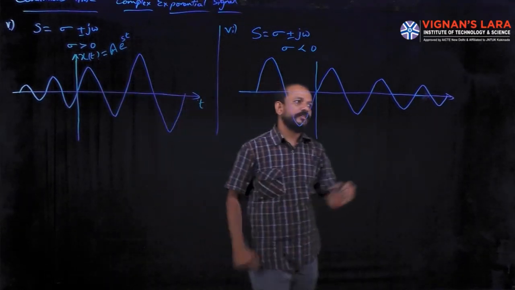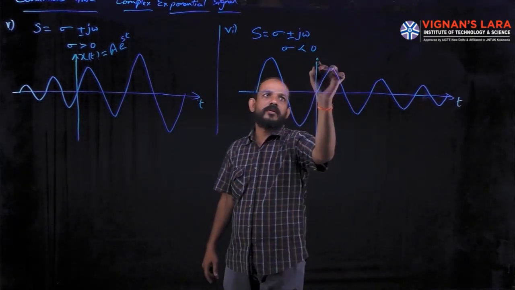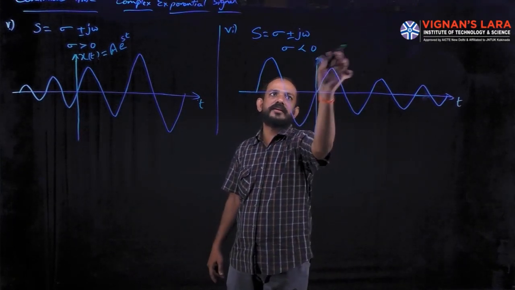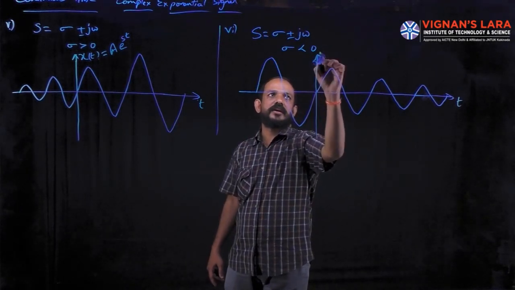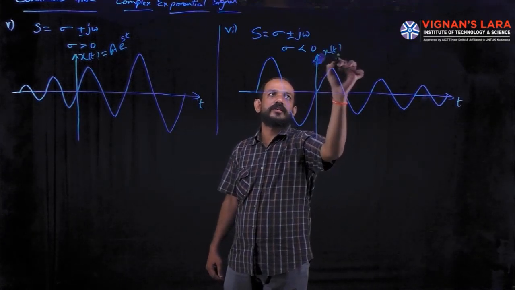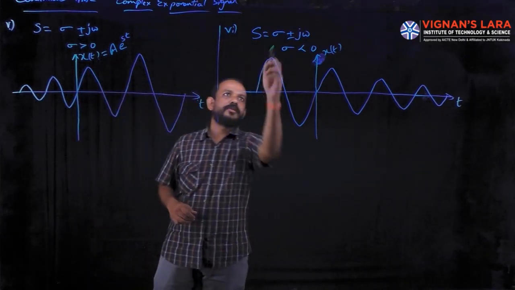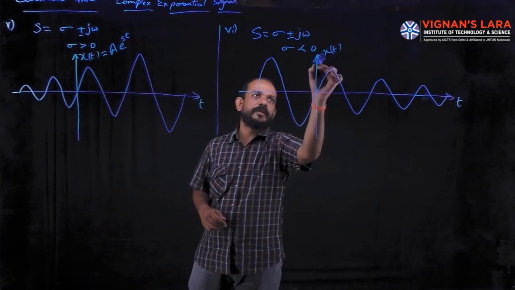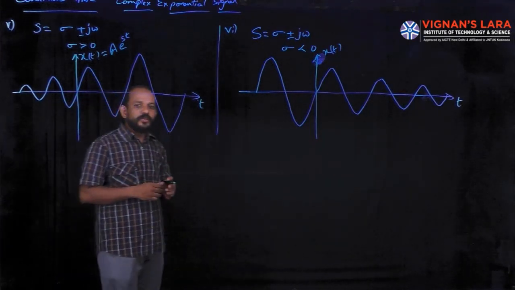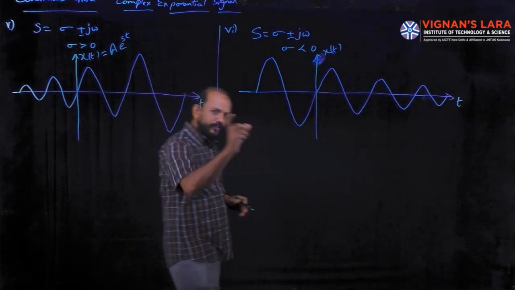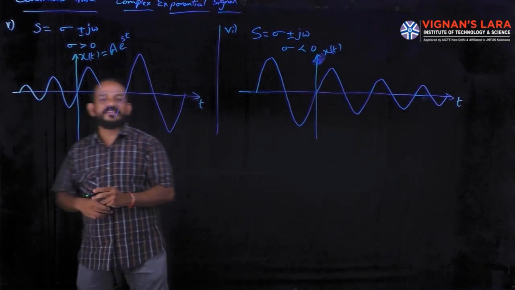In the same way, here also on x-axis I will consider time, and on y-axis I have x of t, where s equal to sigma plus or minus j omega and the sigma value is less than 0. So with these last two I finished the continuous time complex exponential signal.